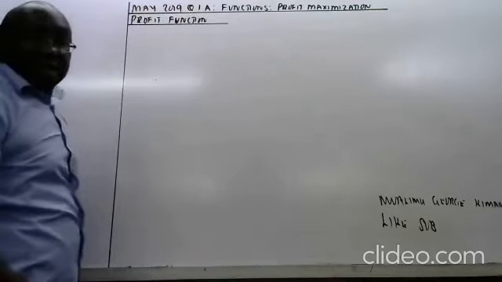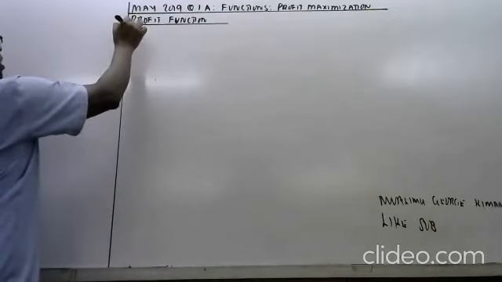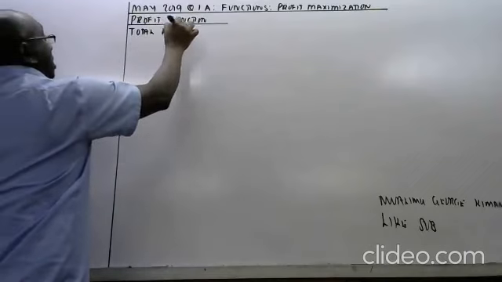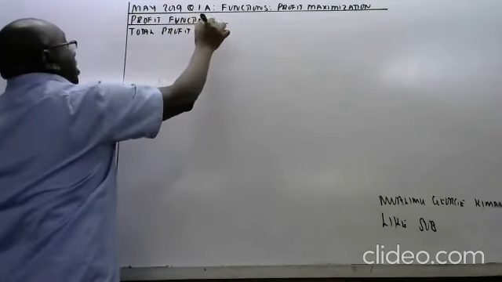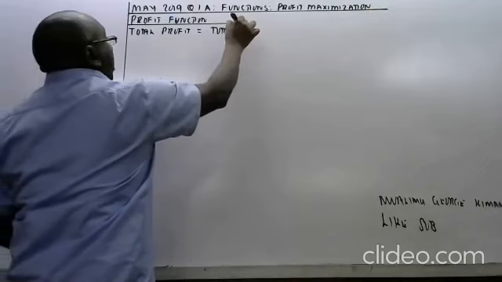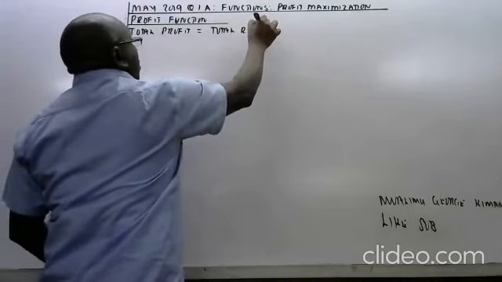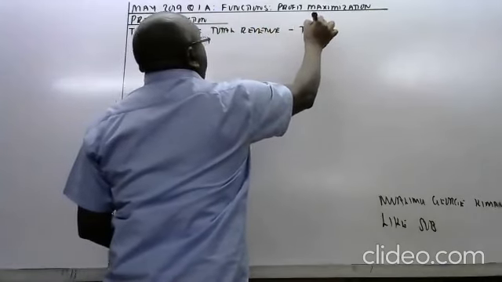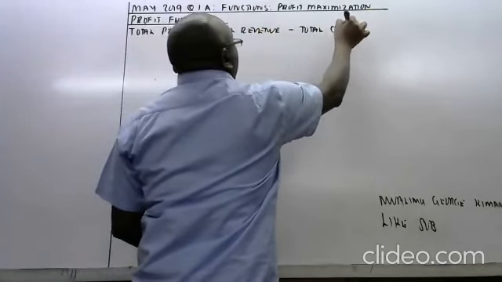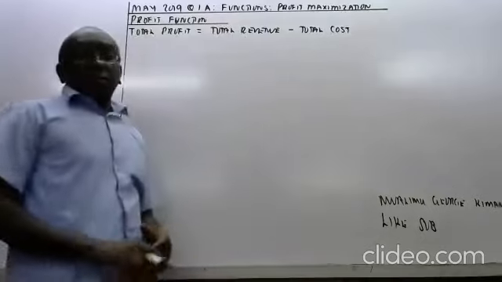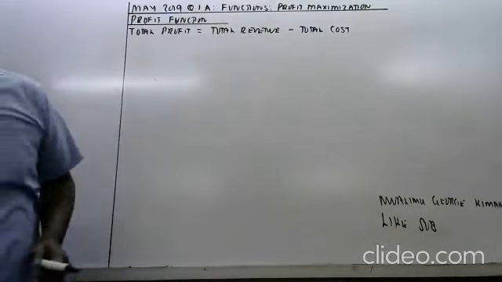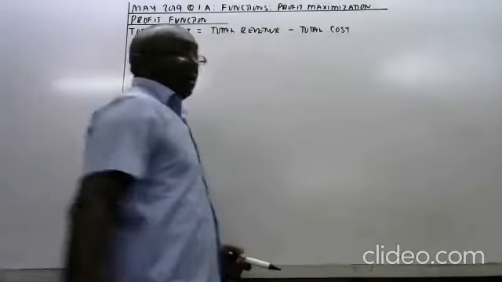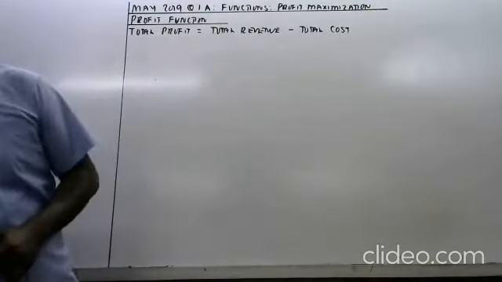So you begin this by saying that for us to get total profits, we must have total revenue and we less total cost. Total revenue minus total cost.